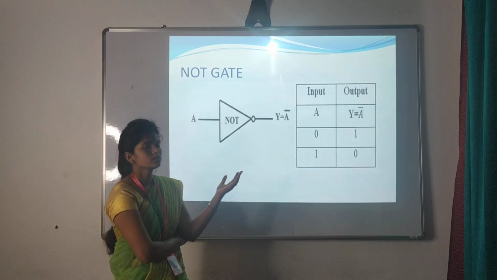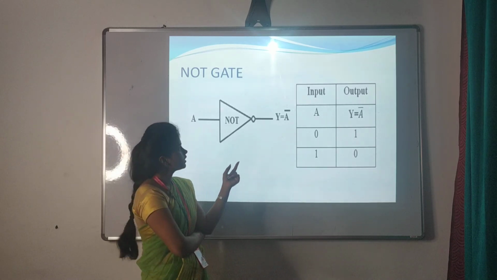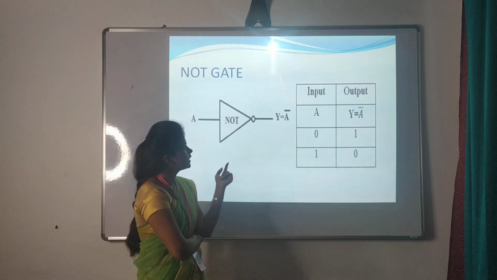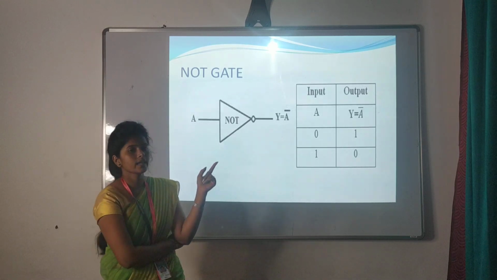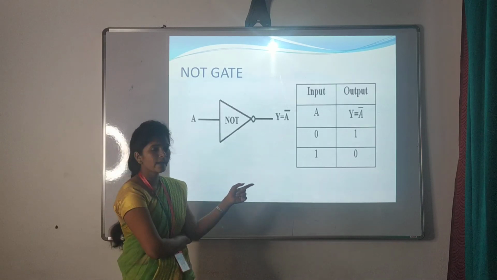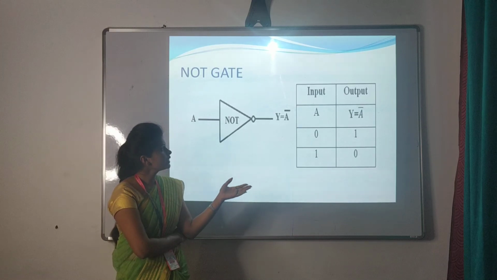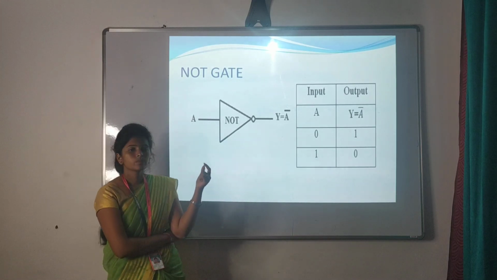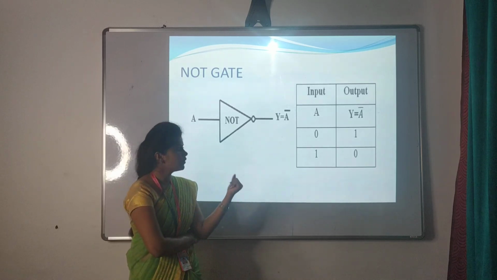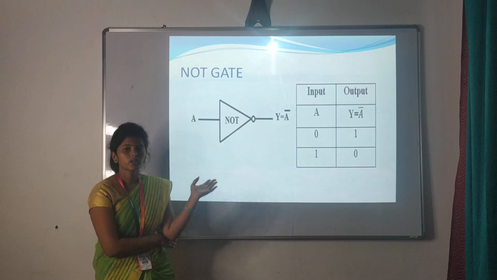Then we can see here the truth table of the NOT gate, with input A and output Y. When the input is low, we get output high. When the input is high, the output is low. What we see from this is that 0 is the complement of 1 and 1 is the complement of 0. These are our basic gates.